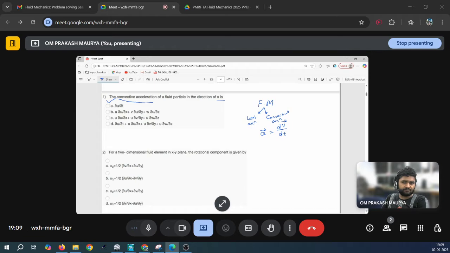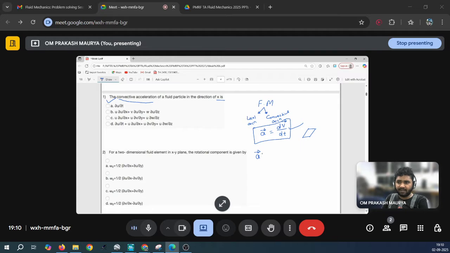This definition is for solids. You can use this formula directly in solid mechanics, but once you come to fluid mechanics and derive this acceleration using the control volume approach, as we discussed earlier, the acceleration formula becomes like this.